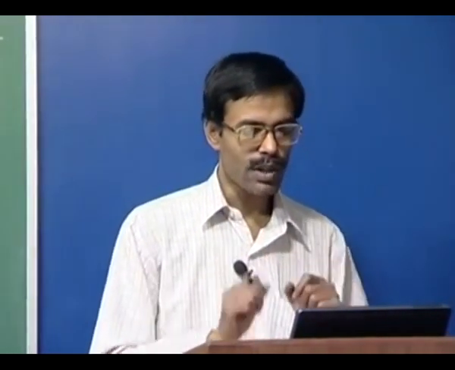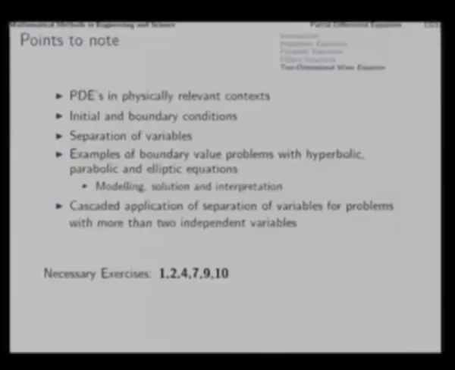So, let us summarize at this point what are the things that we have discussed in these two lectures on partial differential equations. First is that the partial differential equations appear in several physically relevant contexts, and some of the very important governing equations of phenomena we have tried to study through some analytical solutions with the help of Fourier series, Fourier integral, and Fourier transform based solutions through the method of separation of variables.